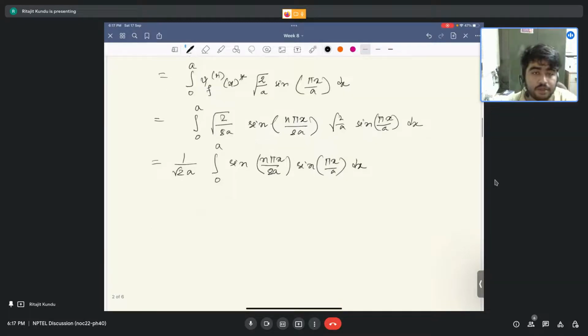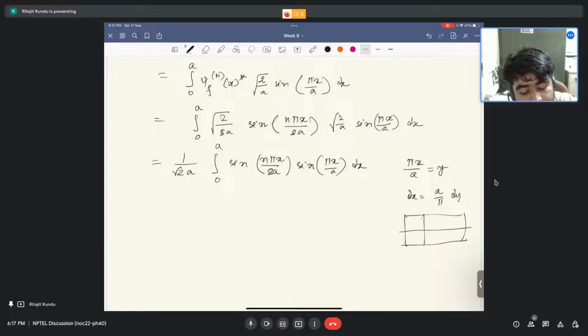Let us also do a change of variable so that the limits become a little easier to handle. We'll use pi x by a as a new variable, y. Then dx becomes a by pi dy, and for the limits, x was 0 to a, so y goes from 0 to pi. Let's do this change of variable.